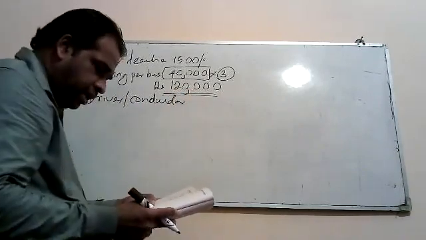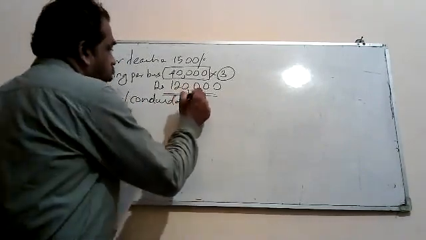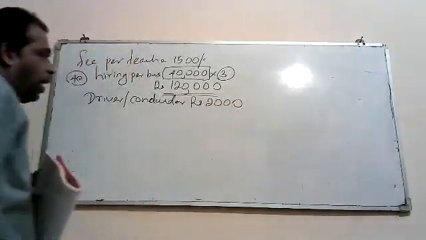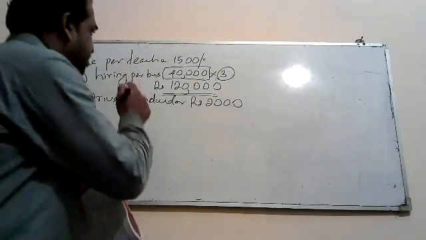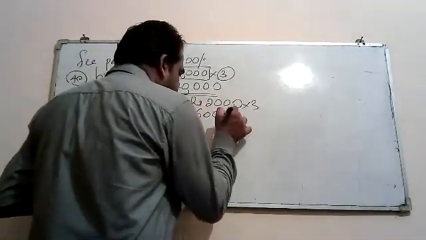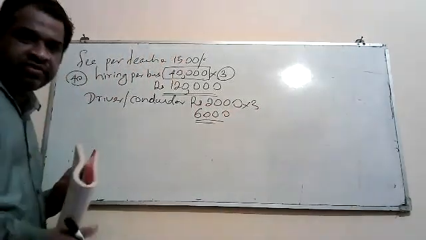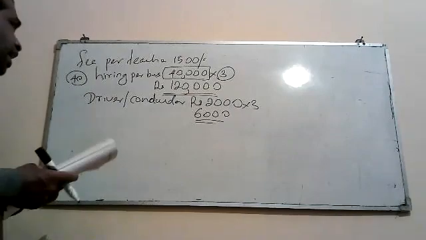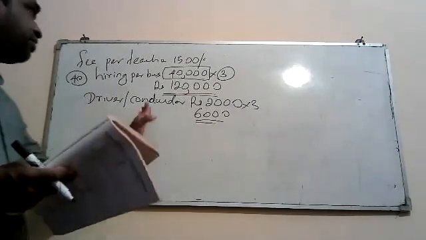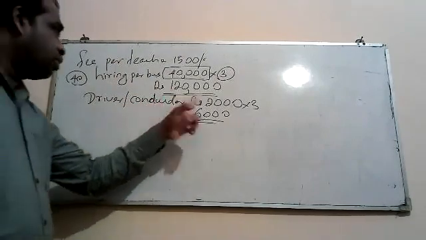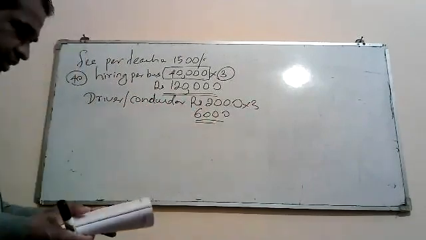Then we have to pay 2,000 rupees per bus. As we have to take 3 buses, we have to pay 6,000 rupees altogether, because there will be 1 driver and assistant in each bus.